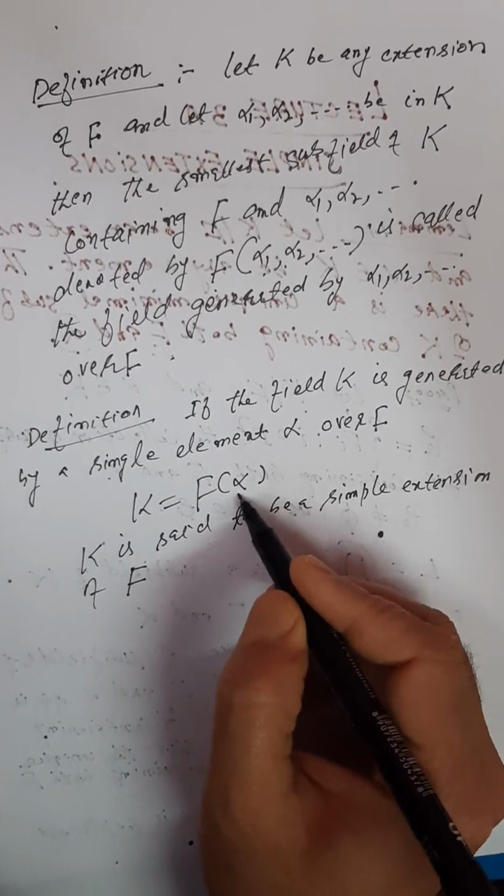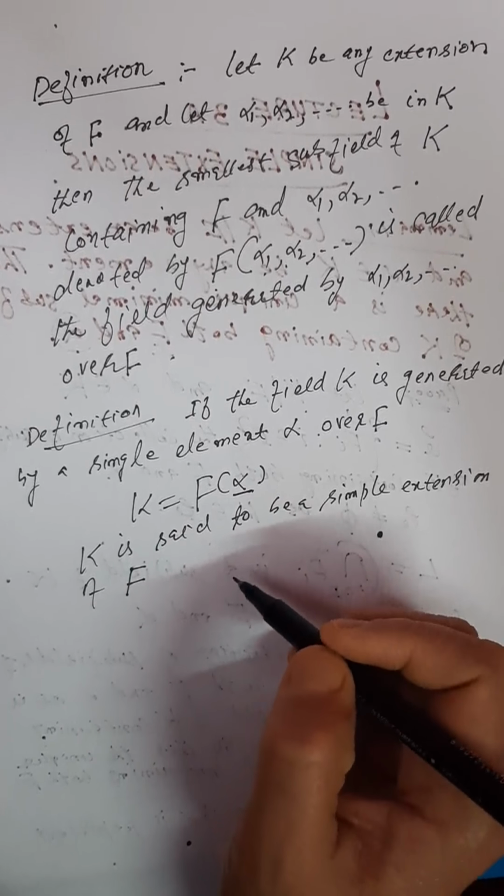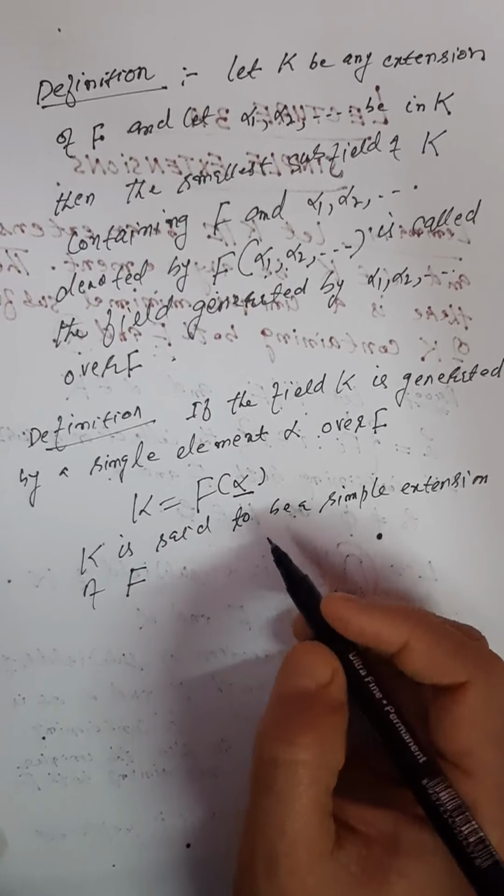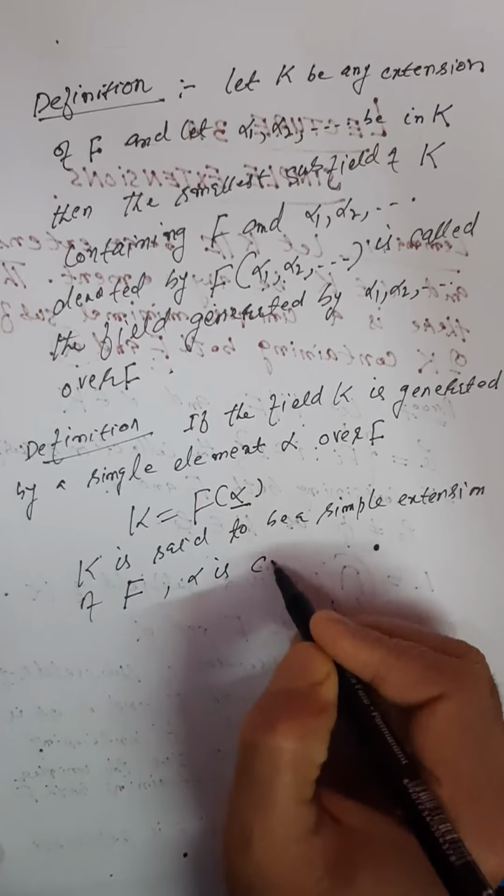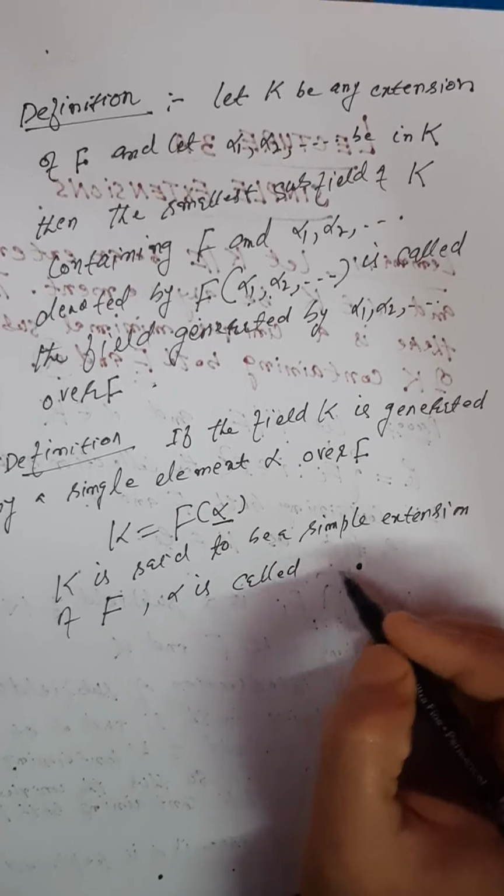And this alpha, the generator of this field, is called the primitive element.